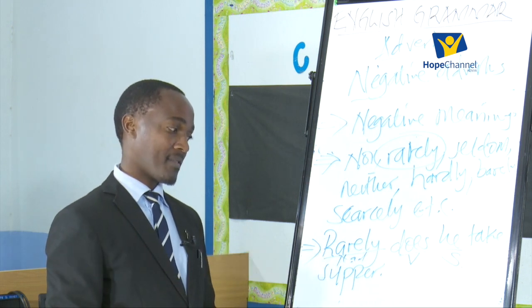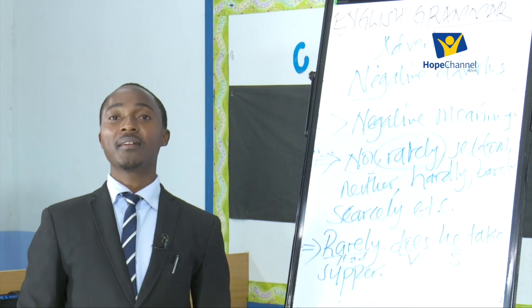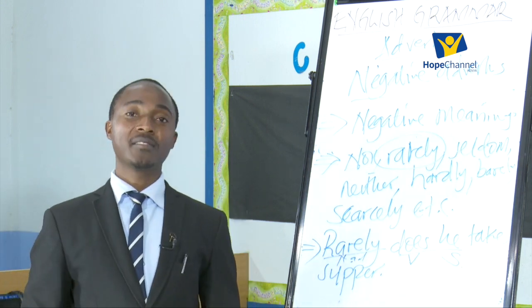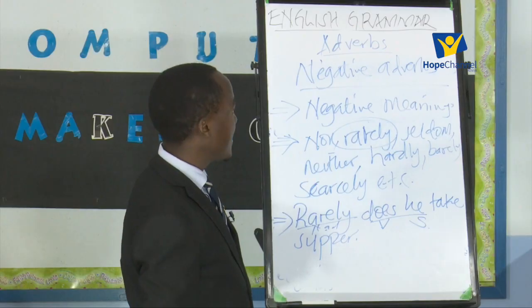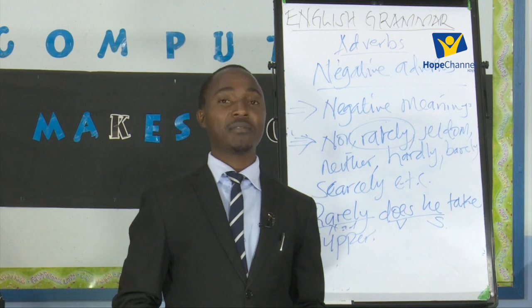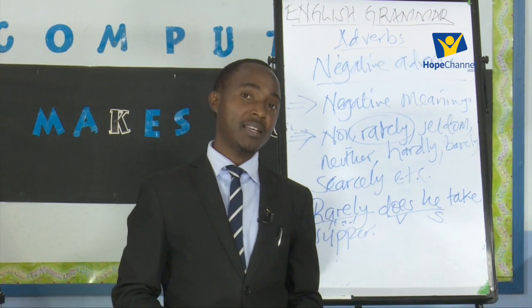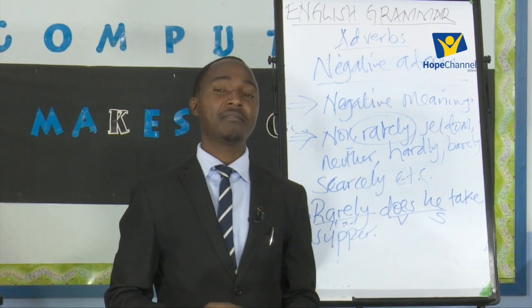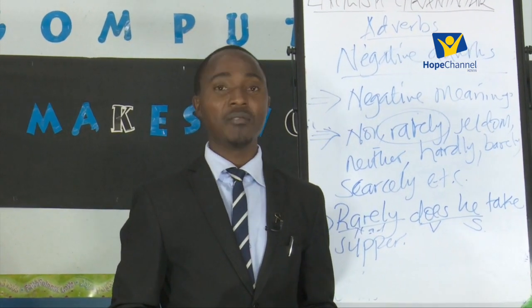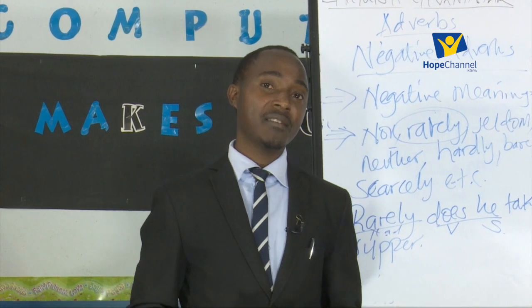All right? So today we have learned adverbs as parts of speech. And in our learning of adverbs, we have learned various types. We began with adverbs of time, adverbs of place, adverbs of manner, adverbs of degree. We looked at adverbs of frequency. We looked at interrogative adverbs.